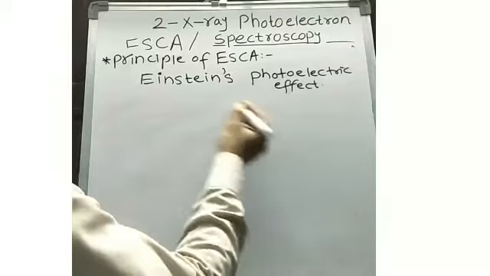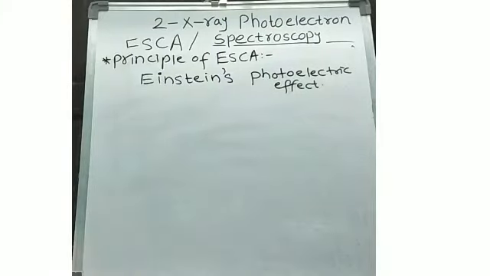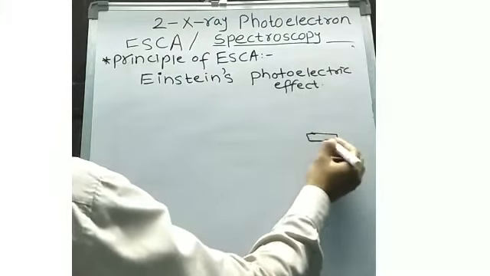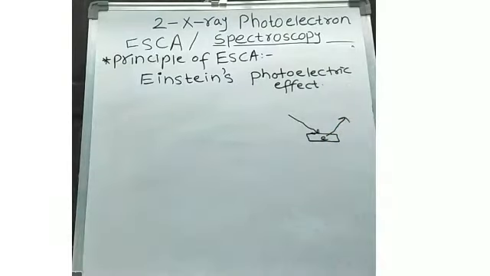You have heard about Einstein's photoelectric effect: when radiation falls on the metal, then electrons are ejected. So, ejection of the electron from the surface by irradiation.